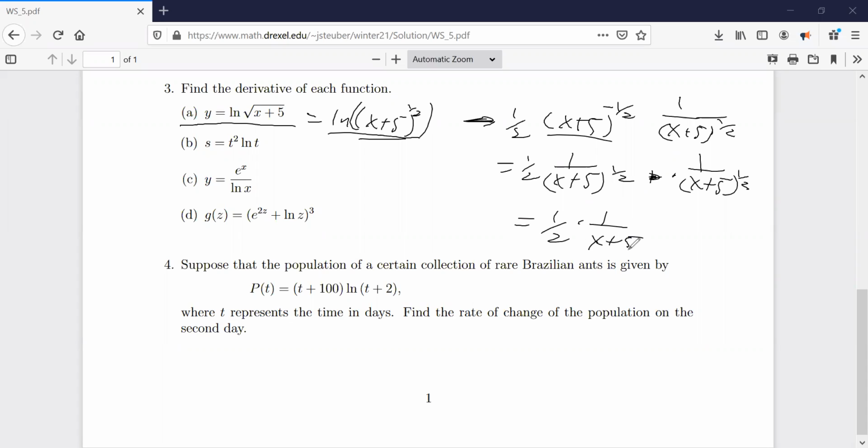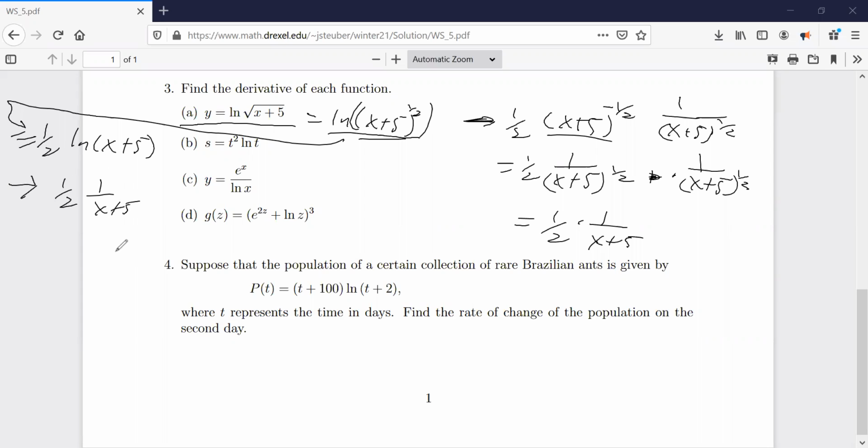It's perfectly acceptable. But instead we could have gone here and just pulled out 1/2 ln of (x plus 5) using the laws of logarithms that we know. And then the derivative of that would be 1/2 over x plus 5.